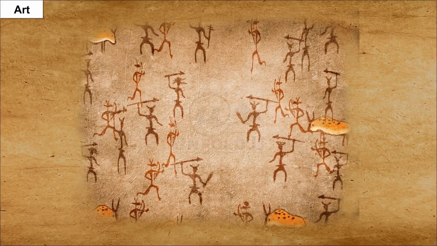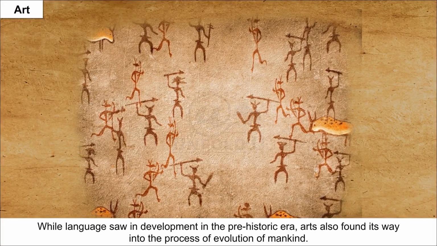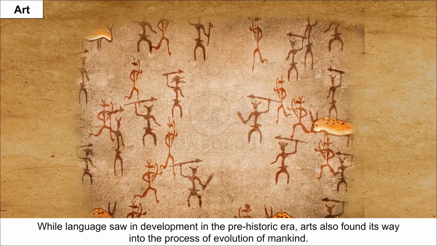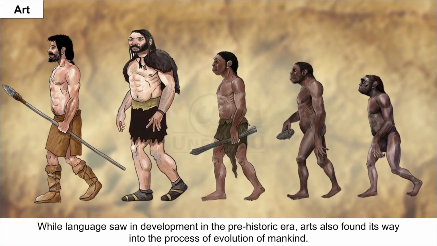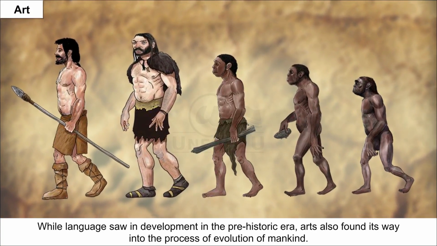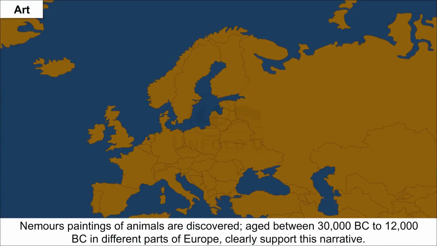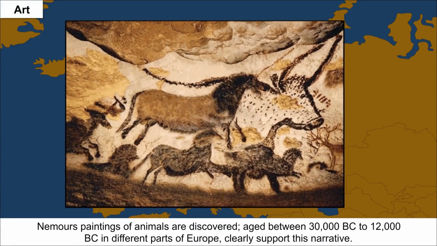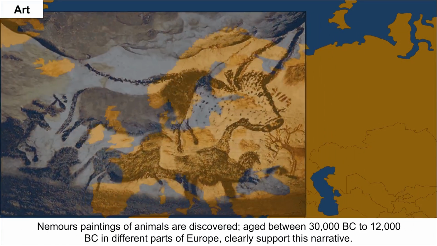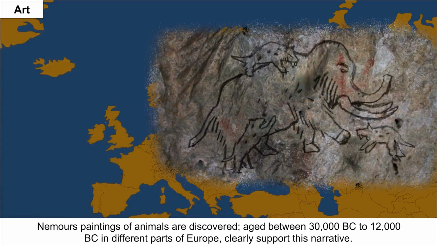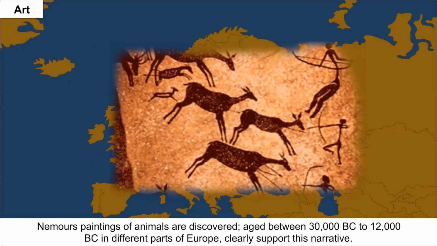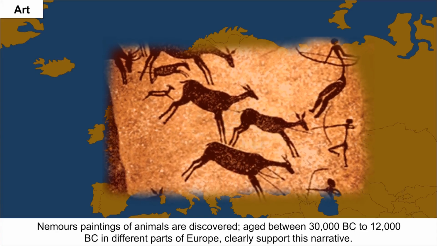Art. While language saw development in the prehistoric era, art also found its way into the process of evolution of mankind. Numerous paintings of animals have been discovered, aged between 30,000 BC to 12,000 BC in different parts of Europe, clearly supporting this narrative.